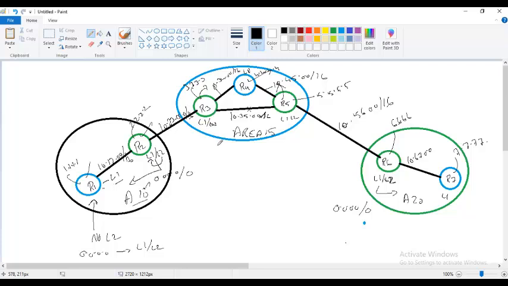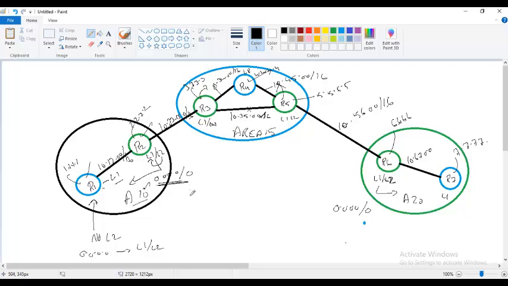You understand? So the advantage of ISIS is what we are seeing. You no need to configure stub. By default, other area routes will not come in.